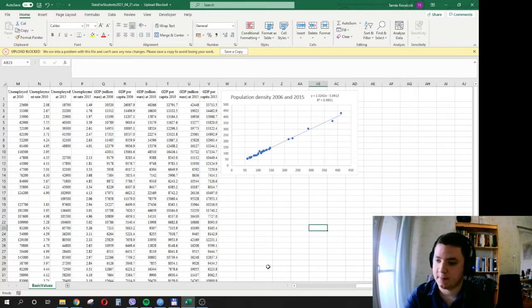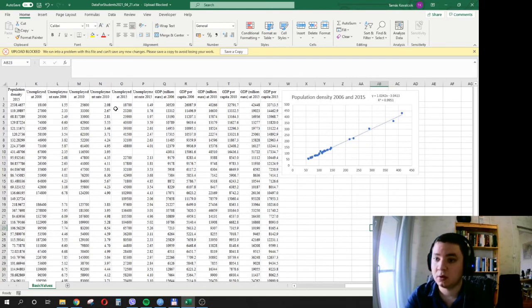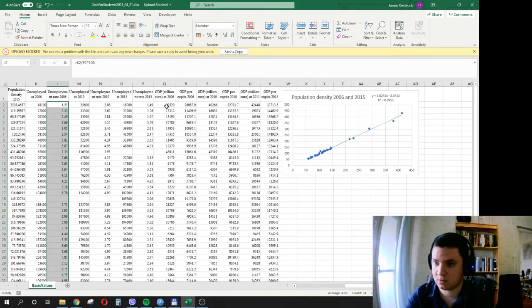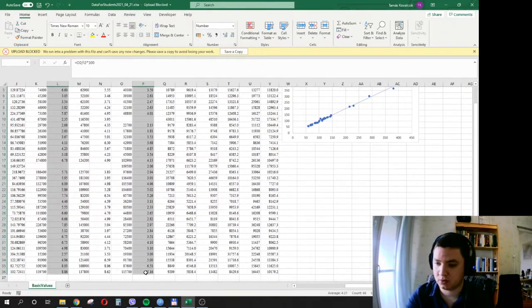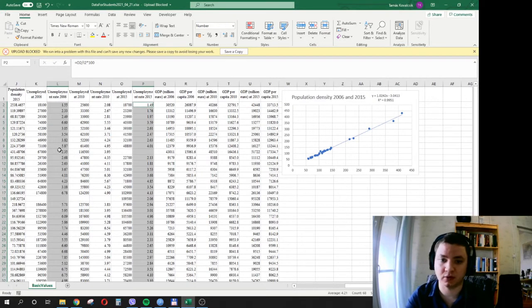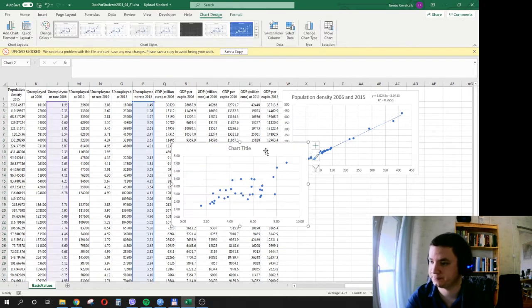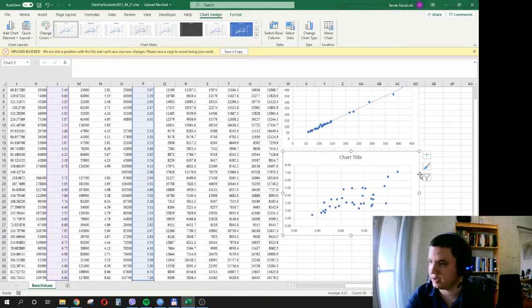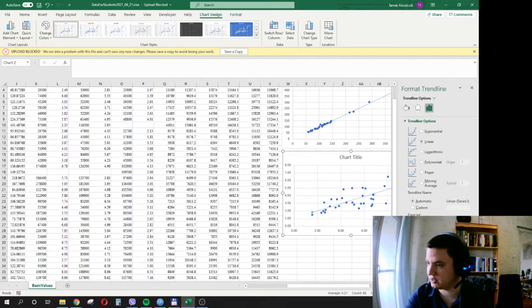Okay, but the others, for example, the unemployment rate. Just select the two variables for the unemployment rate and insert chart. Okay, we have a higher standard deviation. Click on the points and add trend line.